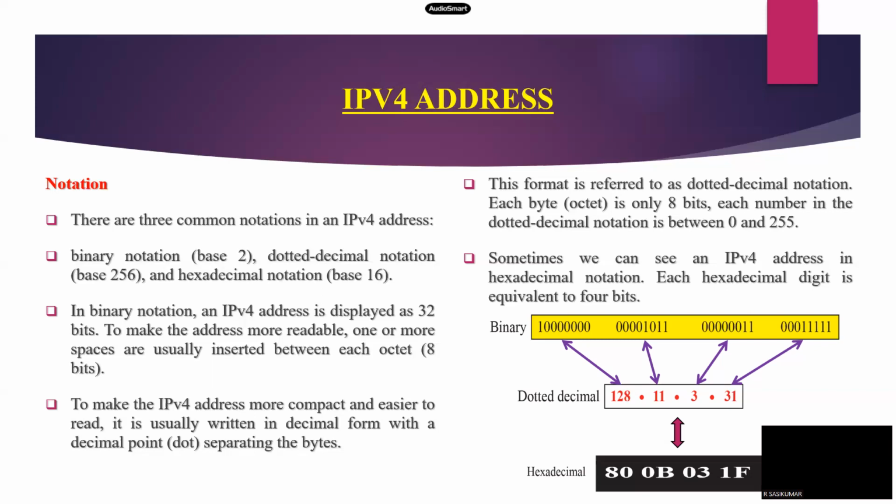I already told you in the previous videos, hexadecimal starts with A to F. After 10, A represents 10, B 11, C 12, D 13, E 14, and F 15. The decimal number starts with 0 to 9, and the binary number is 0 and 1 only.